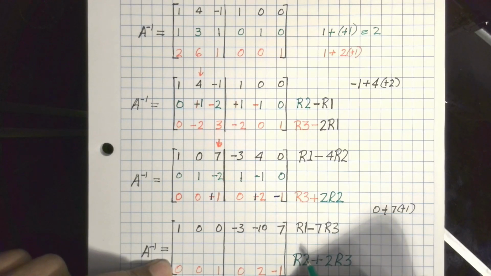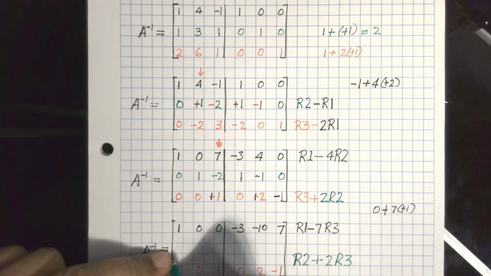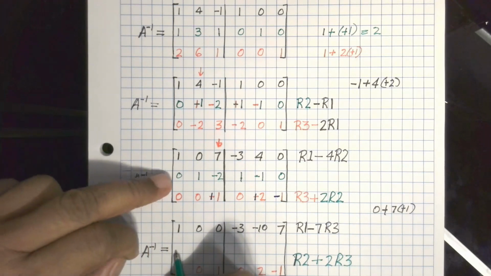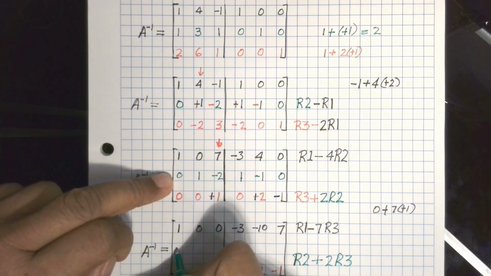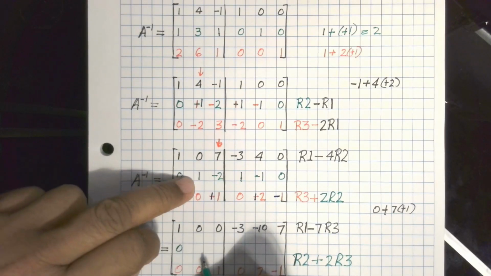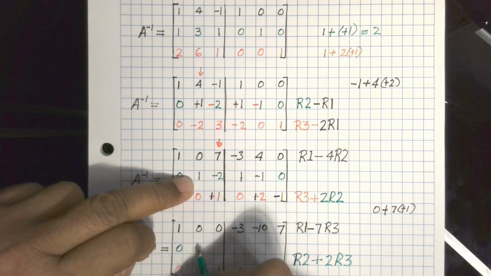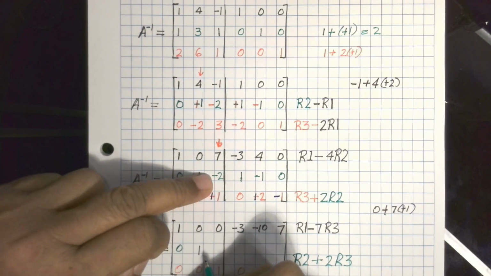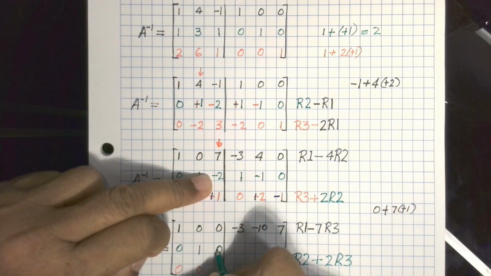My instruction for the green is going to be row 2 plus 2 of row 3, right? Row 2, which happens to be 0, plus 2 of row 3, which will not change anything. This one here, row 2 plus 2 of row 3, will not change anything. But this guy here, row 2 plus, will make it a 0.